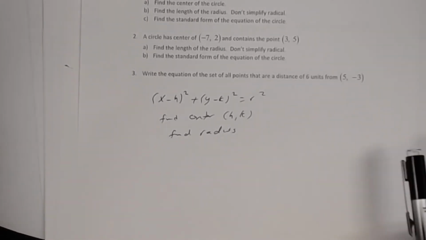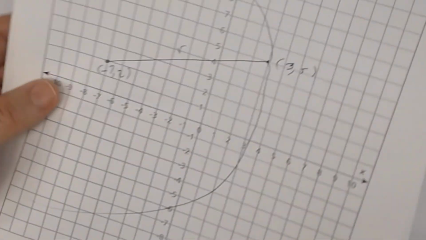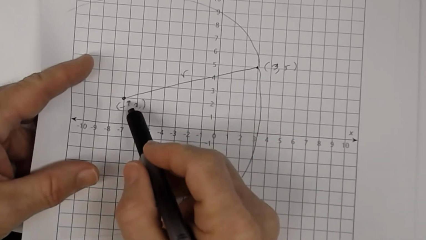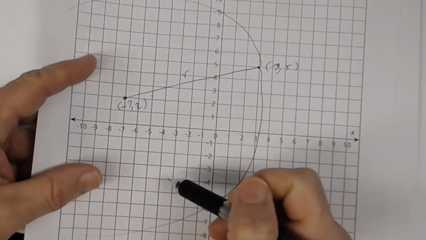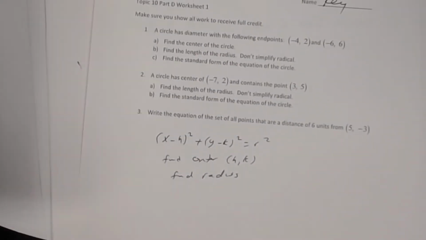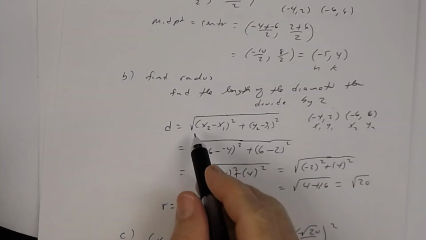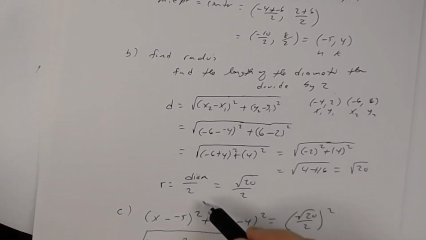So think about number 2 and number 1. If I'm trying to find the length of the radius right here, and this is a segment, I'm going to use the distance formula to find this length. Now be careful. In number one, if you remember, we were finding the length of the diameter, but the radius is half of that.